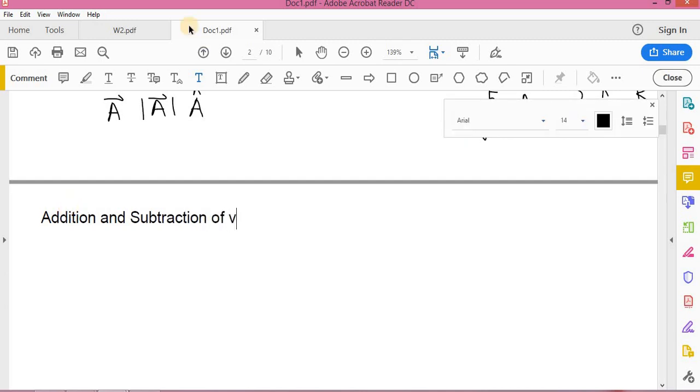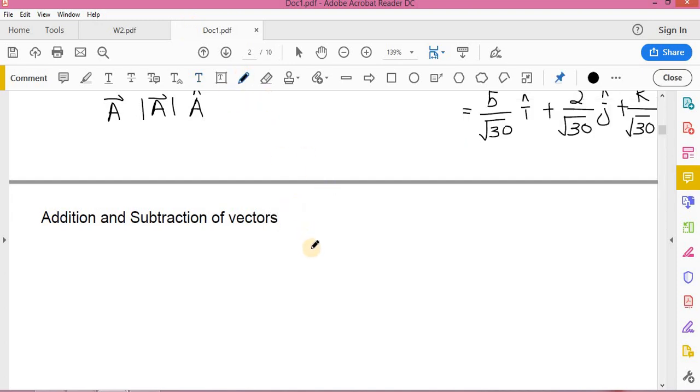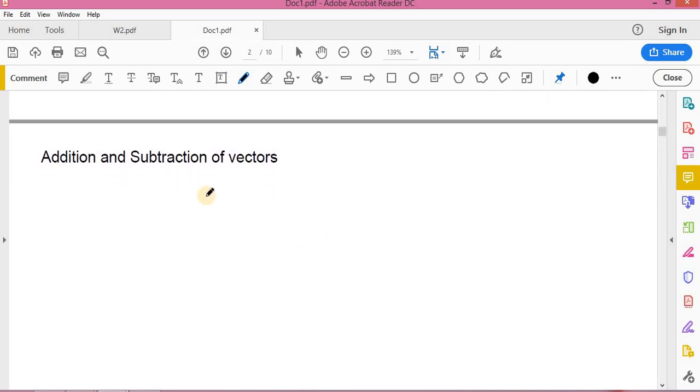In this section, you will be given more than one vector and you need to perform addition and subtraction.